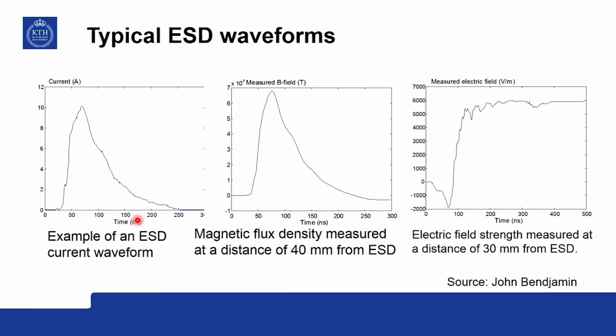This typically represents a human body type of ESD, the interaction between the human body and some metallic devices. And this shows the magnetic flux from that type of currents, and this shows the electric field strength measured around a few centimeters away from the discharges.